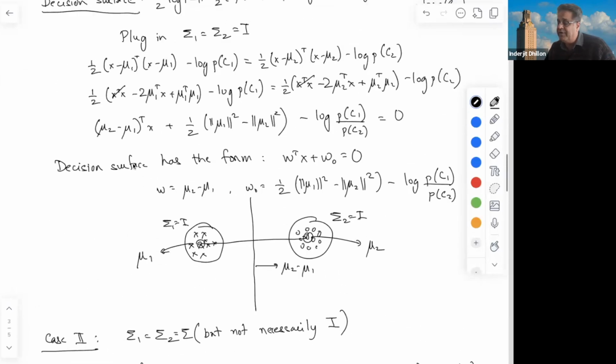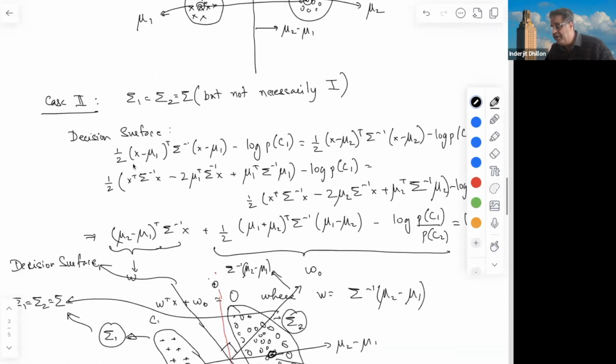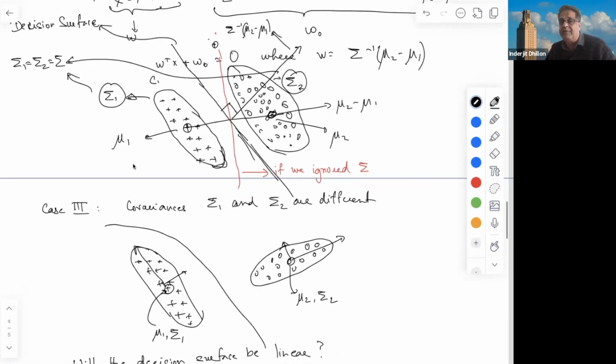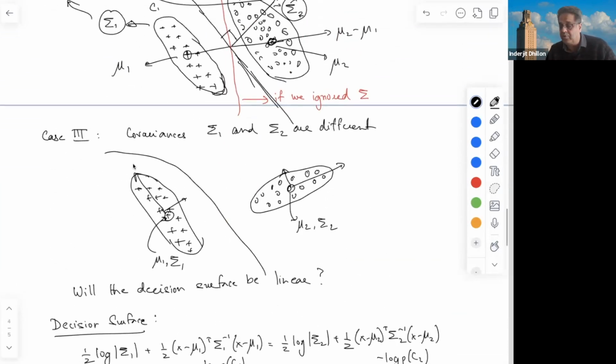Linear and fairly simple if sigma 1 equals sigma 2 equals I. Linear, but with a covariance matrix where the normal to the hyperplane is sigma inverse (mu2 minus mu1). And in general, quadratic if sigma 1 is not equal to sigma 2.